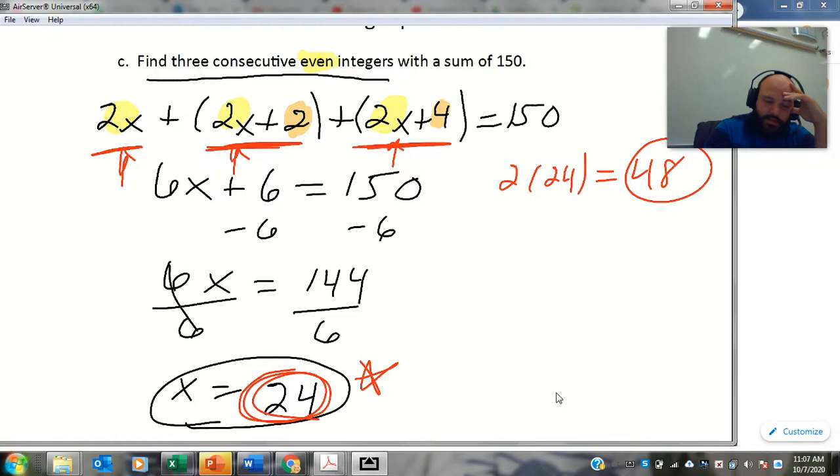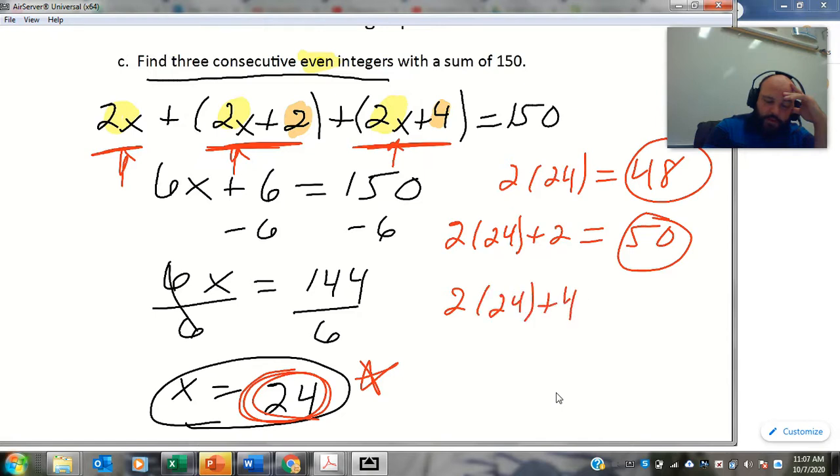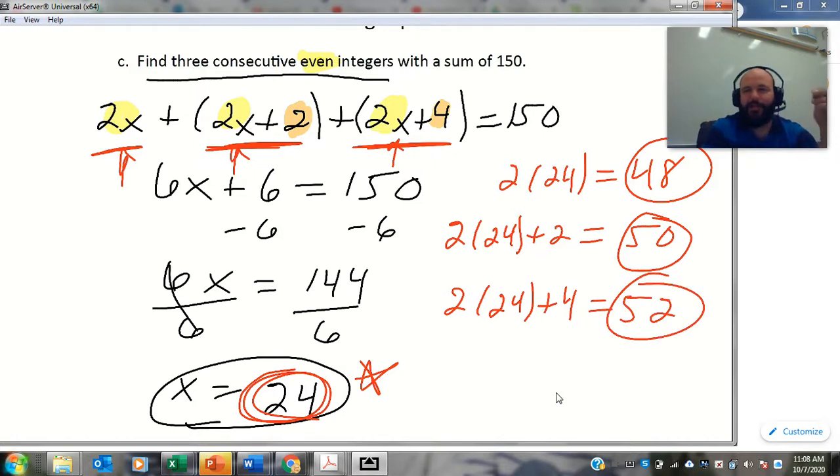So if I put this into the 2x plus 2, that gives me 50. And the 2x plus 4 gives me 52. And so the three consecutive even integers that we want are 48, 50, and 52.